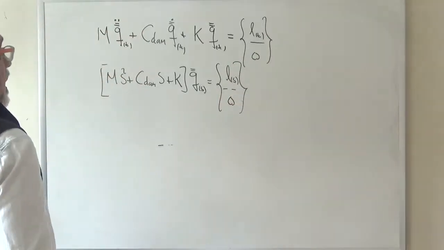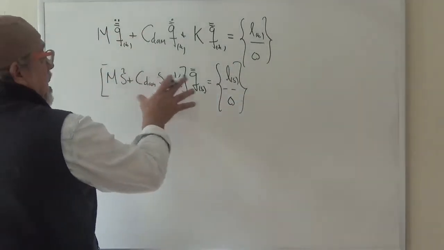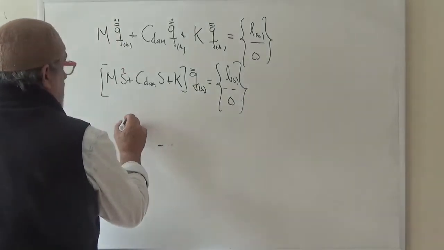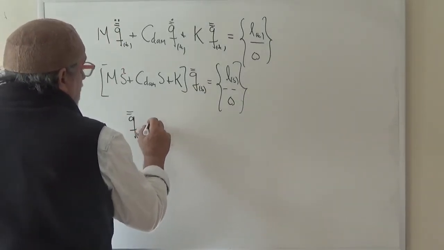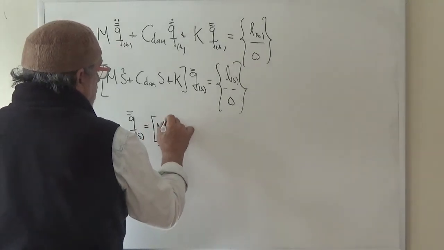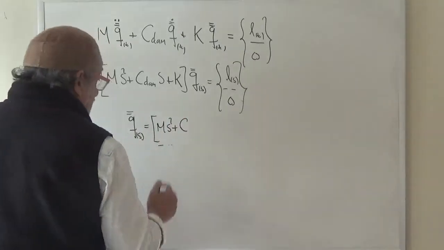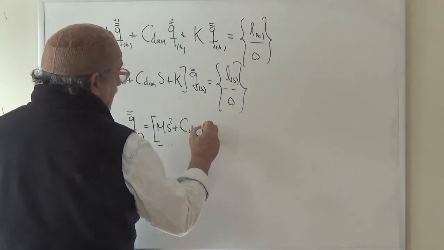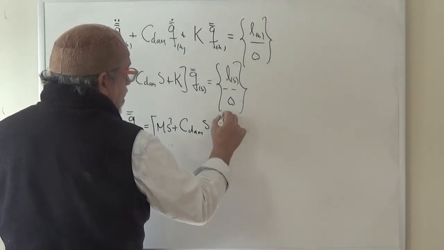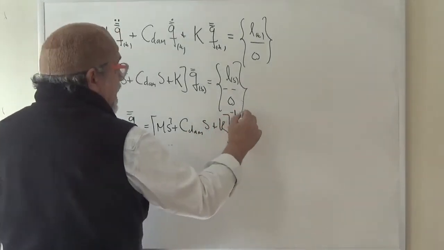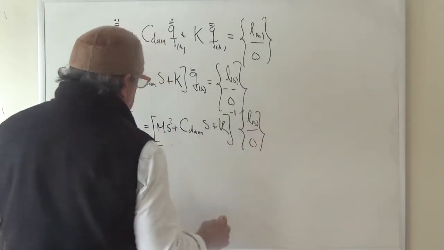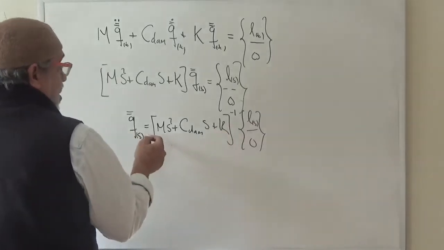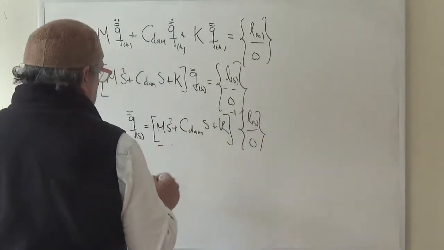Now if we multiply by the inverse of this matrix on both sides, then we have q double bar of s equal to M s squared plus C damping s plus K to the minus 1 times L of s and 0. This matrix here is the transfer matrix for the complete thing.